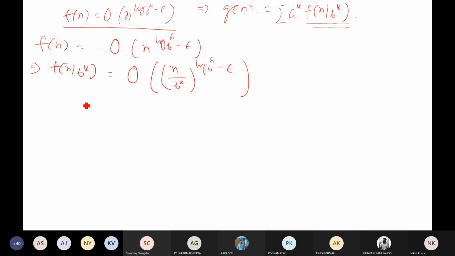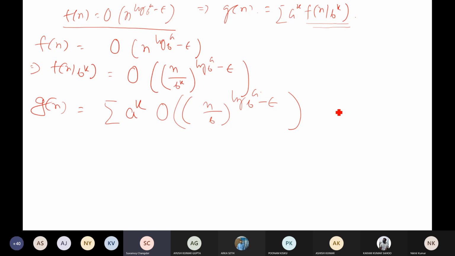Now if we take the value of g(n), then we can write this equals the sum of a to the power k big O of (n by b to the power k) to the power log a base b minus epsilon.